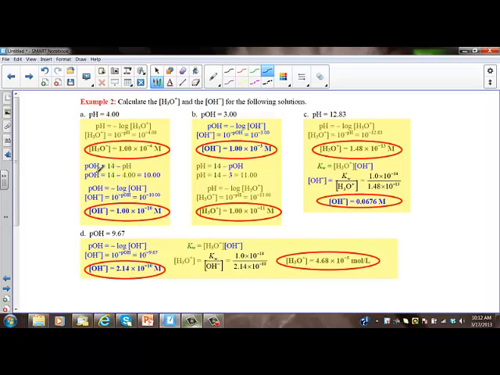Therefore, my pOH is equal to 14 minus my pH. So my hydroxide concentration is equal to the antilog of the negative pOH, which gives me a concentration of 1 times 10 to the negative 10.